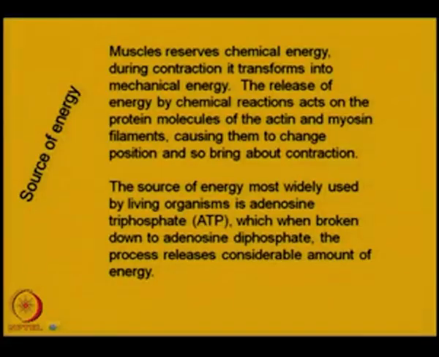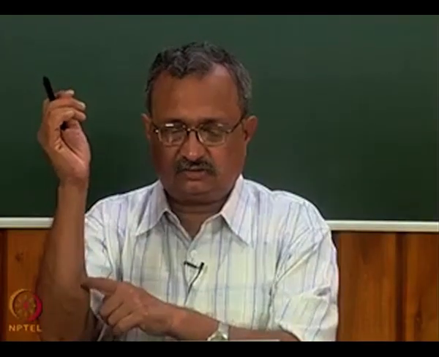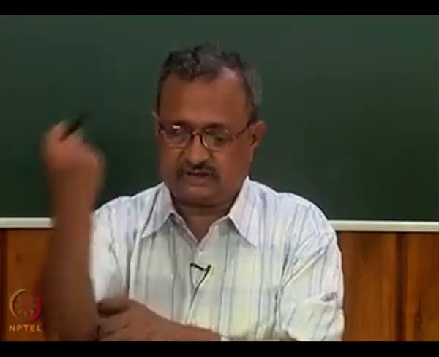Now, the source of energy. Muscle reserves chemical energy, that is adenosine triphosphate. During contraction, it transforms into mechanical energy, meaning stored chemical energy is transformed into mechanical energy while doing some activity.